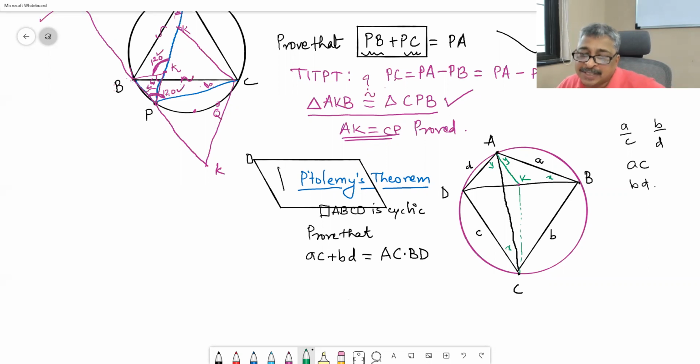So in this case, this angle is X, this angle is Y, this angle is X, and this angle is Y. And hence we have some similarity other than what you had got. Using that, now check whether you can prove this. I will wait 10 minutes, no problem.